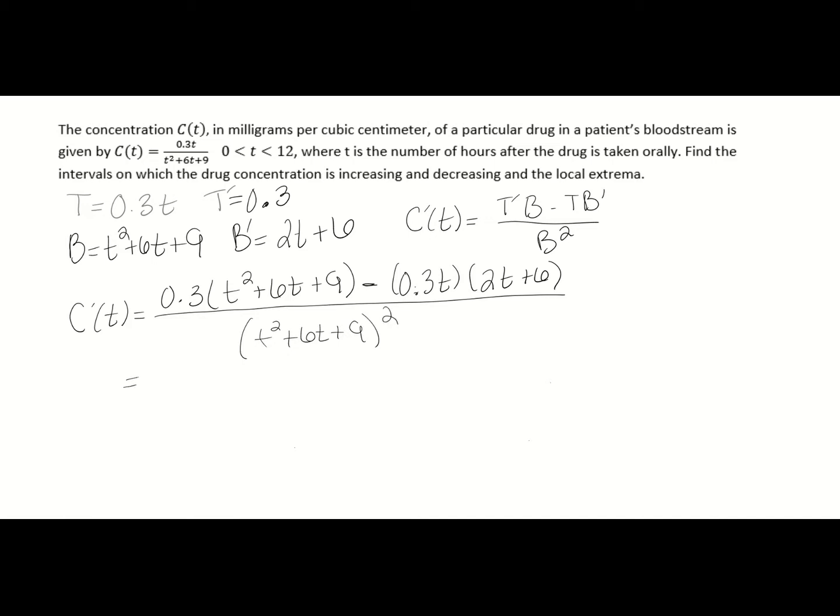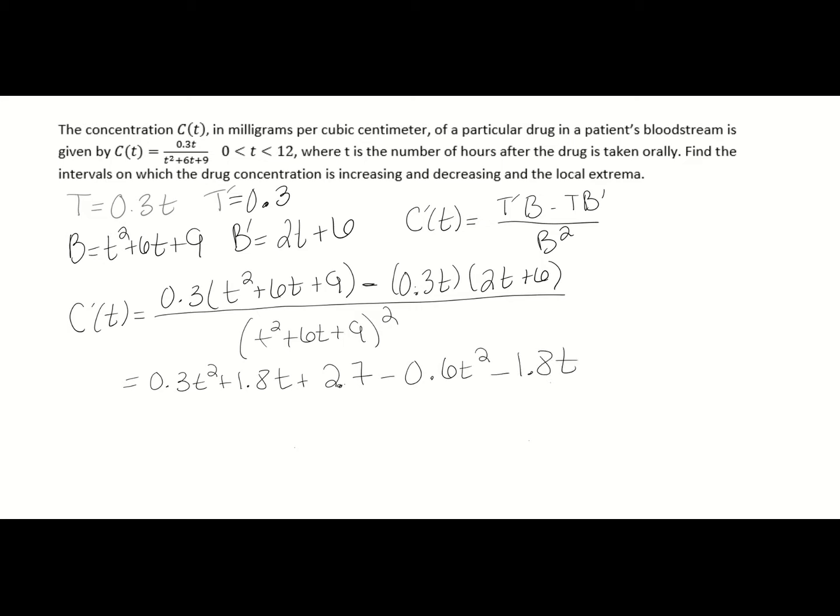So let's clean up the top. So I'm going to distribute the 0.3. So 0.3t squared plus 1.8t plus 2.7. And then I'm going to distribute a negative 0.3t. So that's going to give me 0.6t squared minus 1.8t.